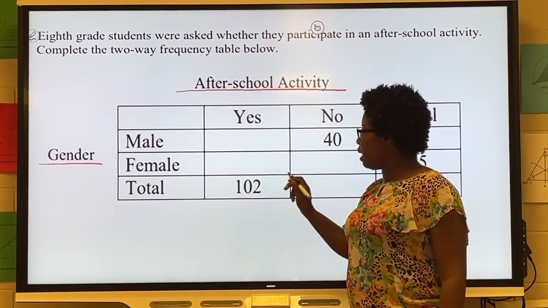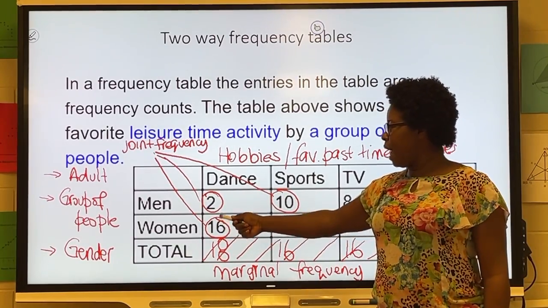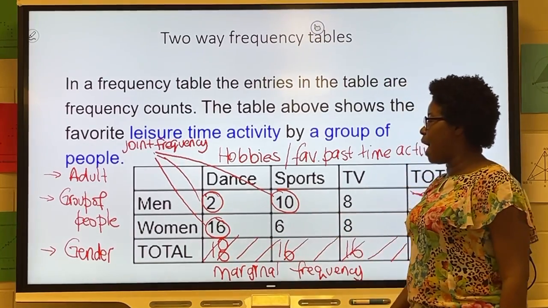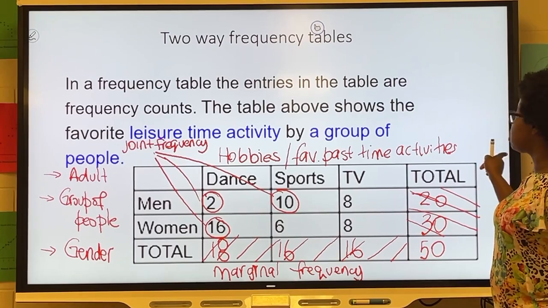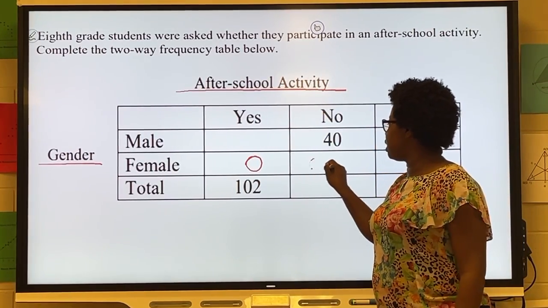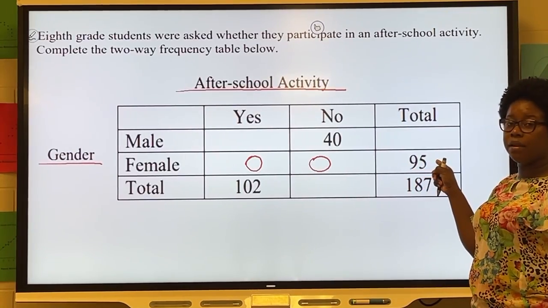So normally, on the slide we just did, you realize that I added the 2 and the 16 to give me the 18. I added the 16, the 6, and the 8 to give me 13. So basically, when you have 2 regions in here, you have to add these 2 to give you the final answer at the total.